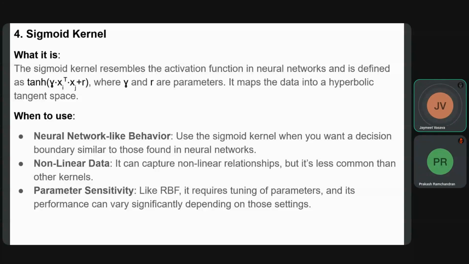Of course, we are discussing it in the subsection of non-linearly separable data. So we use it on non-linear data, and it's similar to the RBF. The parameter tuning is also sensitive, so it requires tuning of parameters, and its performance can vary significantly depending on those settings.